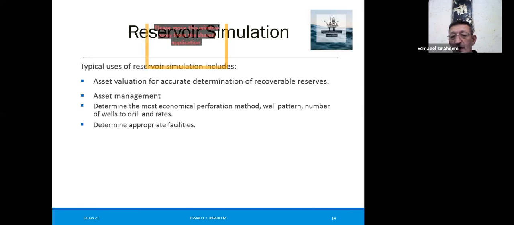It shows you the well pattern used for injection or production, as we said, either 5-spot or 7-spot. It can also show you the number of wells to drill and the rates of each well. It determines the appropriate facilities, what kind of facilities you should have on the surface, and what kind you have downhole in the well.